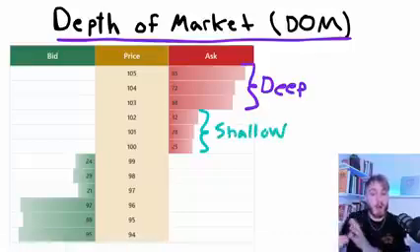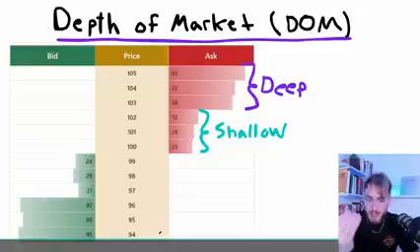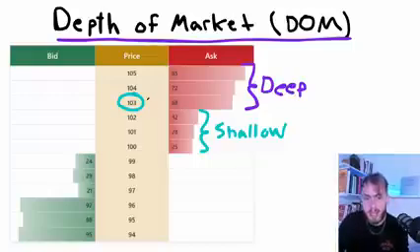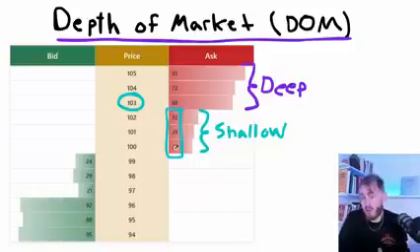And remember, we call it deep and shallow because if someone wants to move this price and push the price up to, for example, 103, it's pretty easy to do that, because in order to push it up to 103, you only need to eat up all of these orders. It's not a lot of orders. It's like 90 or something.